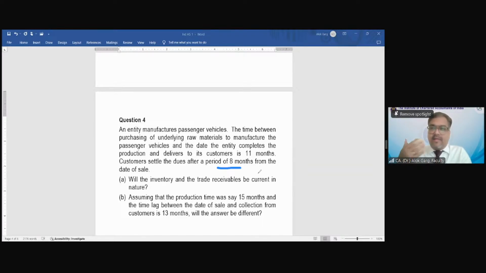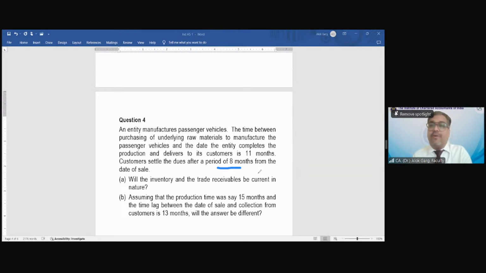Then the company started production, spent on labor, etc., and generated a final output. Then the company delivered the goods to the customer, and then the company is getting money from the customer. So when the company has spent cash and is receiving cash, what is the time period? This time period from spending cash to getting cash is 19 months. This is known as an operating cycle.